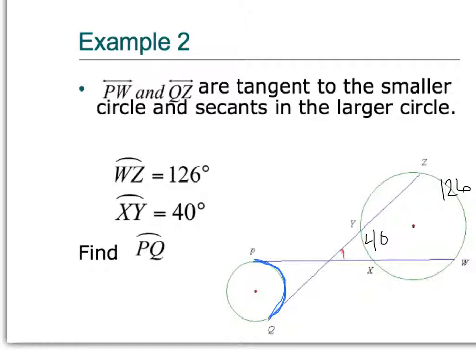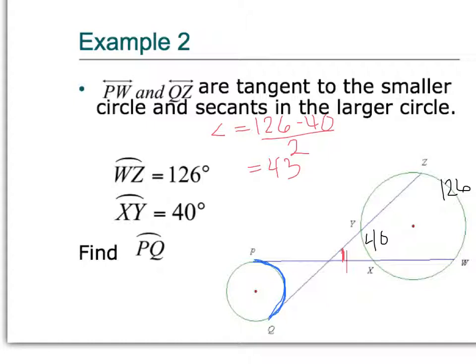You see that little guy? It's an external angle, and I see that it opens up to 126 and to 40. And to find that from yesterday's lesson, I need to find their difference and divide it by 2. So this angle is going to equal 126 minus 40, divided by 2. Once I solve for that, I see that it's 43 degrees.